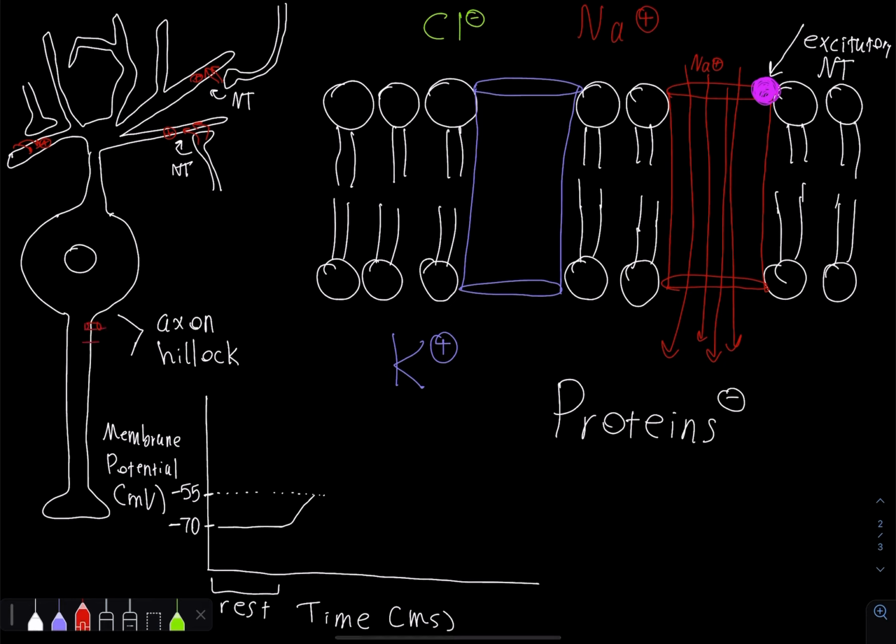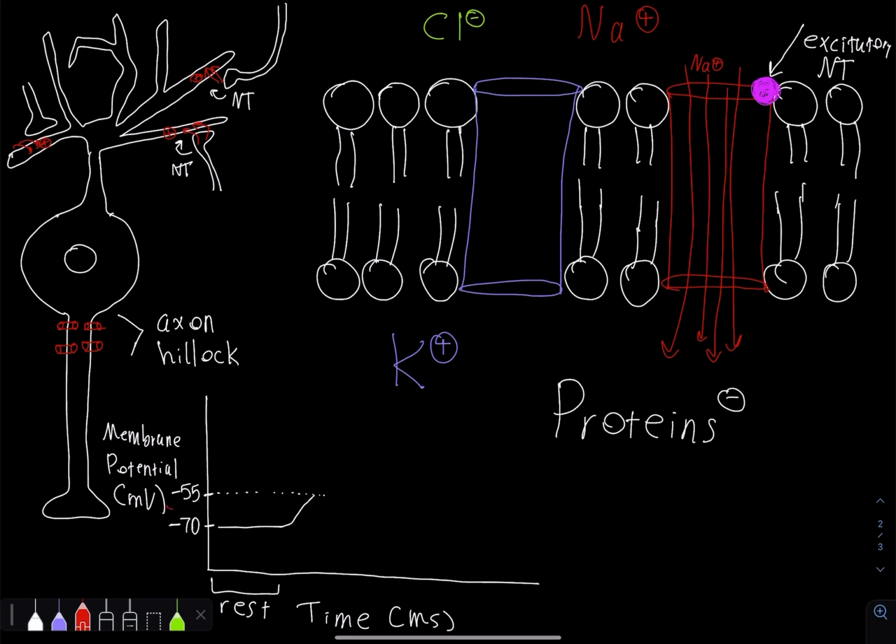These are sodium channels that are sitting over here. They basically sit around and say, okay, we're going to do nothing if the membrane potential is really low, let's say negative 70. But once it hits negative 55, we're all going to open and let our sodium ions come into the cell.